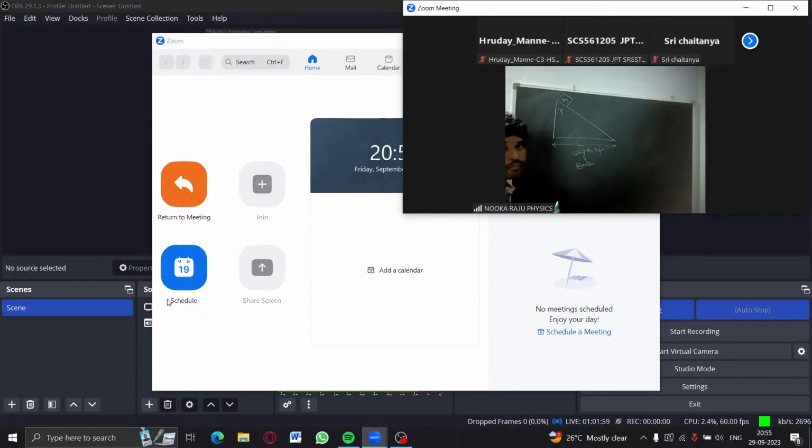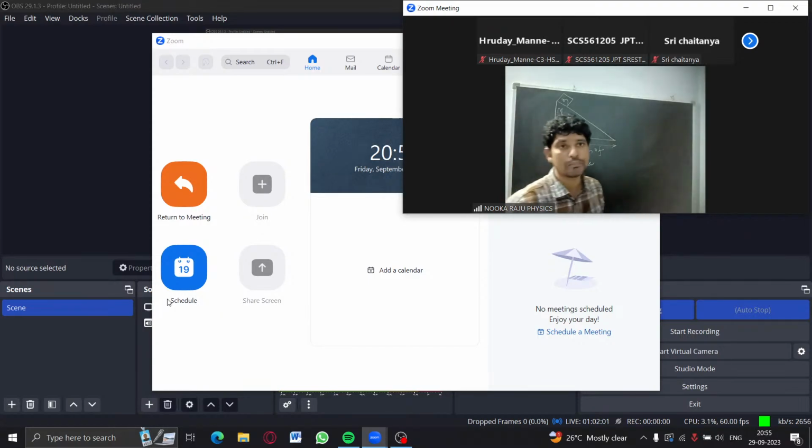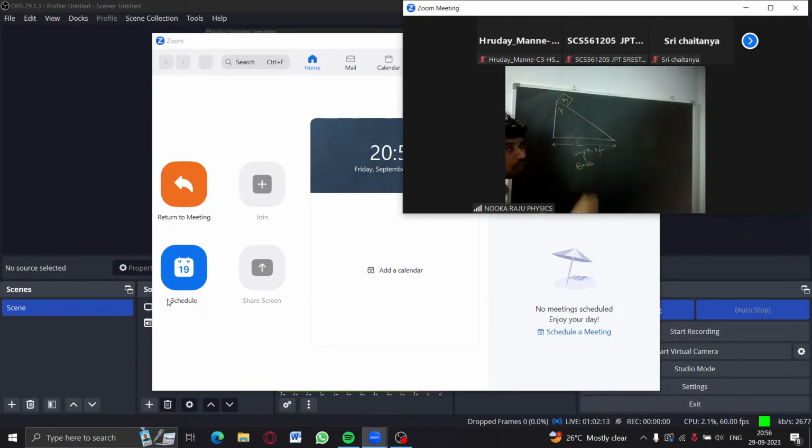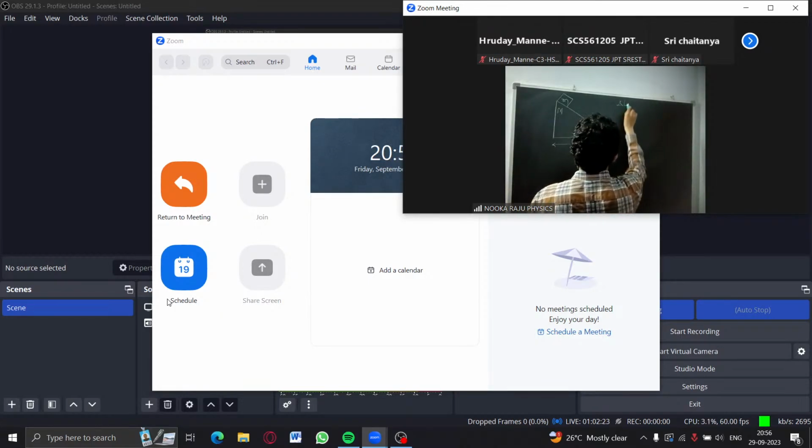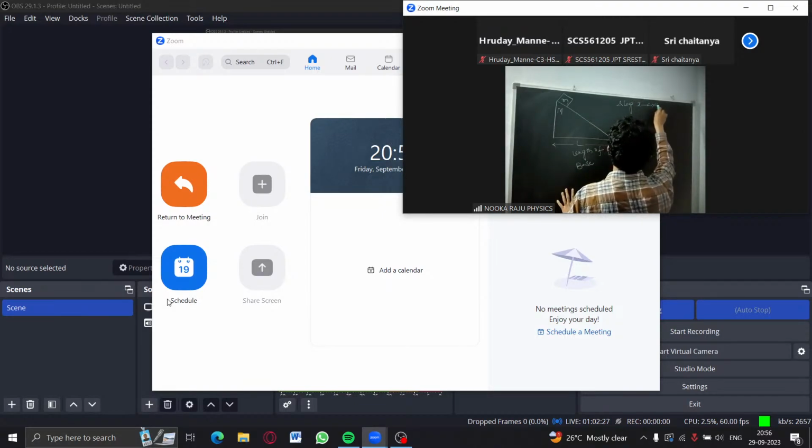Is there any motion along the x-axis? When the wedge is moving, the small block moves along the inclined path. So along the x-axis, there is no force. This is a very important point. No force acts along the x-axis.